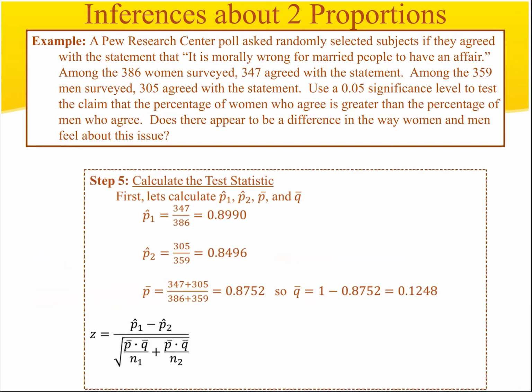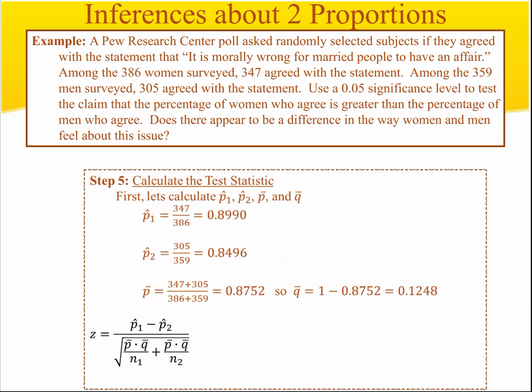Okay, test statistic. So let's take the women for P1 hat. 347 out of 386 surveyed is 0.8990. And the men sampled, 305 out of 359 is 0.8496, the sample proportion for men.